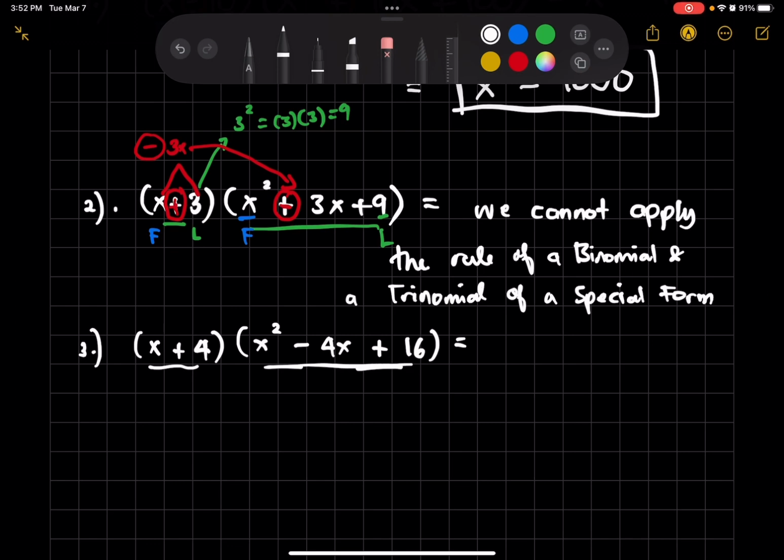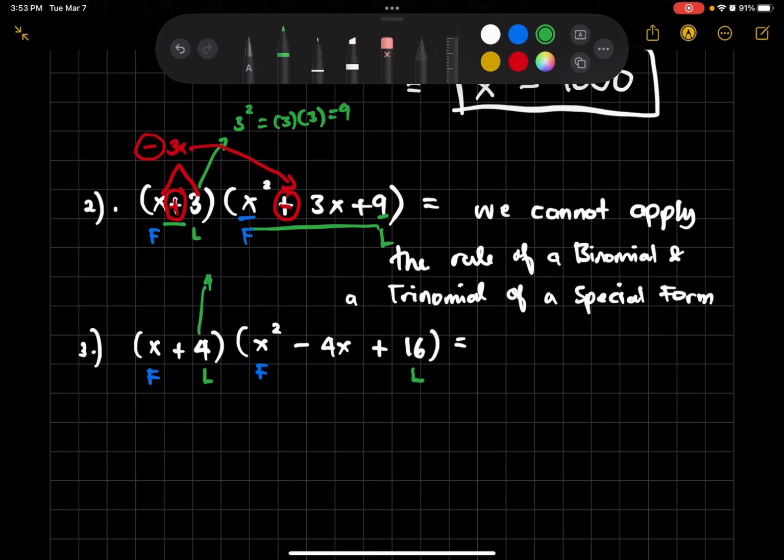Second characteristic, the first term. First term, kailangan nakasquared siya doon. Tama, nakasquared. Last term, 4, so nakasquared siya doon. So, tama pa rin. Kasi 4 squared is 16. Kasi 4 times 4, that will give us 16.